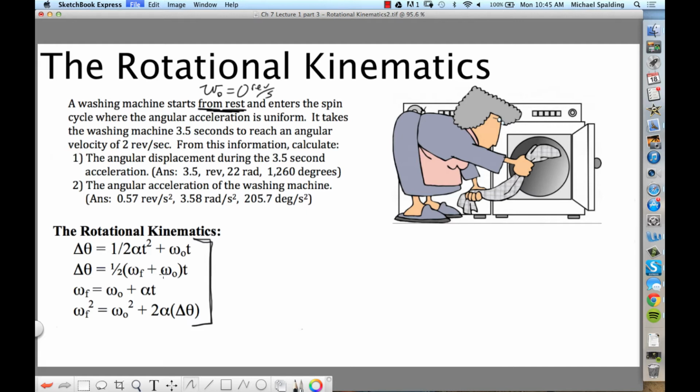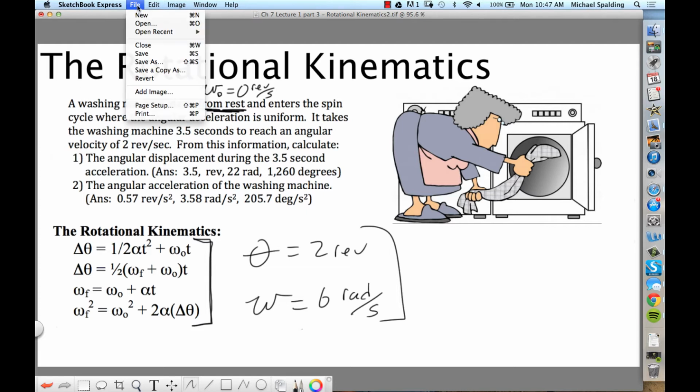So for example, if you had a displacement that was like 2 revolutions, and then you have an angular velocity that is 6 radians per second, are these going to work together? No. So you just got to make sure the units agree.